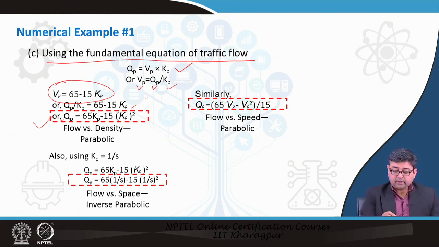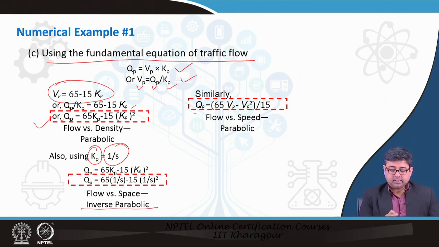Similarly, if you convert this into a relationship between q and Vp, flow and speed, that is also parabolic. And if you do not want density, which in many pedestrian cases we do not see like that, but see it in terms of space, then this becomes an inverse parabola.